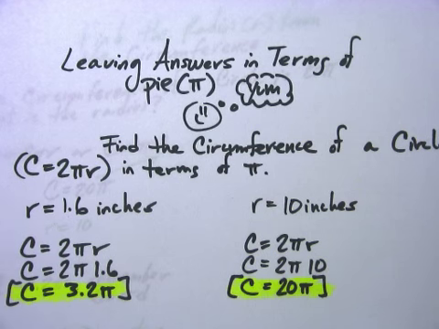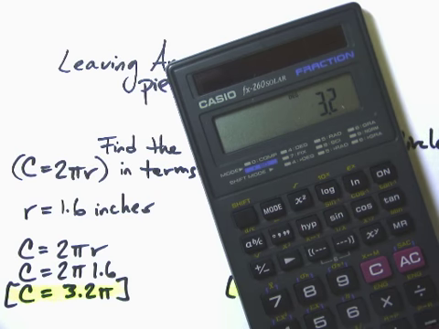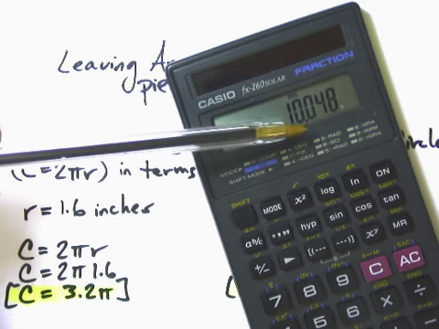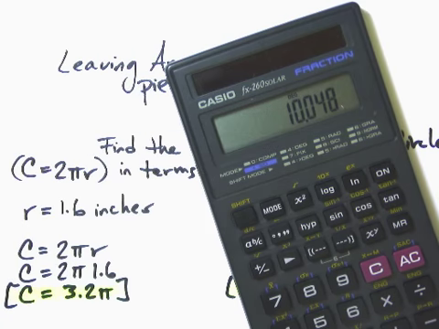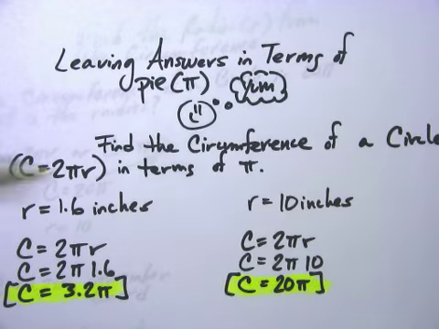Now, can I multiply these two together and just get a regular circumference? Sure. 3.2 times 3.14, and I get 10.04. So the circumference of the circle, yeah, it's 10.04. But when they're asking for it in terms of pi, all you have to do is just leave the pi alone next to the number.